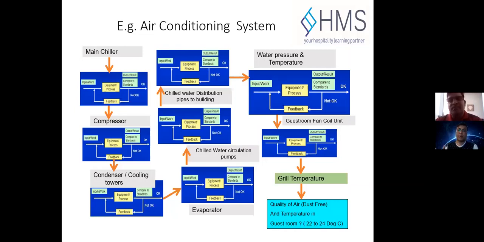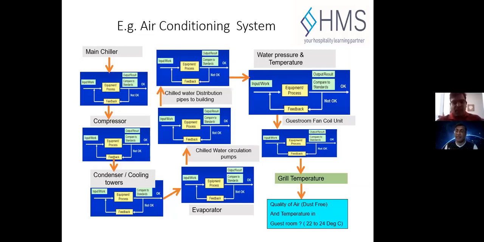So we are not talking here about the split AC, which is easy to maintain. Let's say if there is a problem with the fan coil unit, however efficiently your main chiller is working, your compressor is working, your cooling towers are working, the guest will not get the right temperature. And so troubleshooting engineers need to understand the entire system.